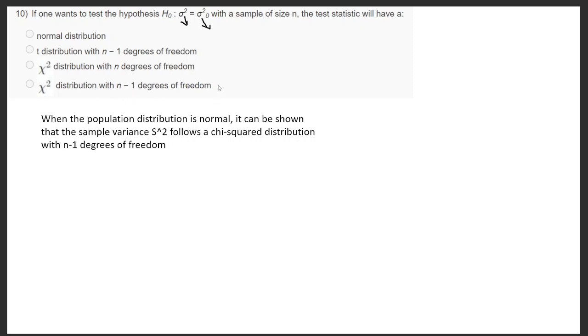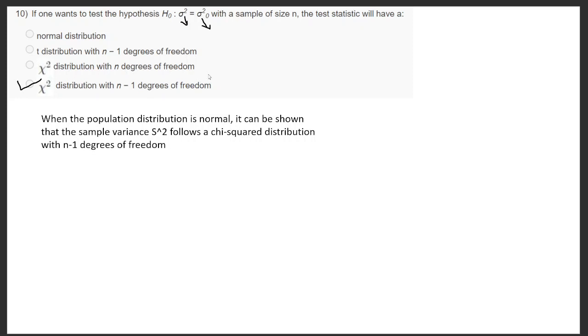So a similar thing is followed here also. Here we are relating the sample and population variance. So the statistic will follow the chi-square distribution with n minus 1 degrees of freedom.